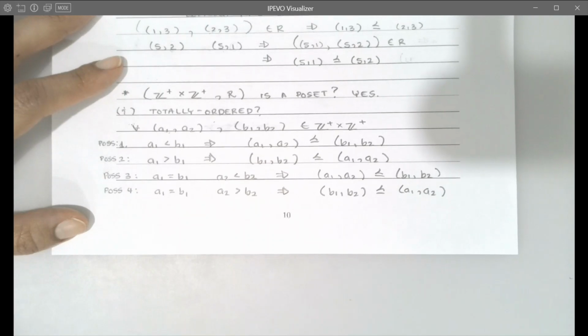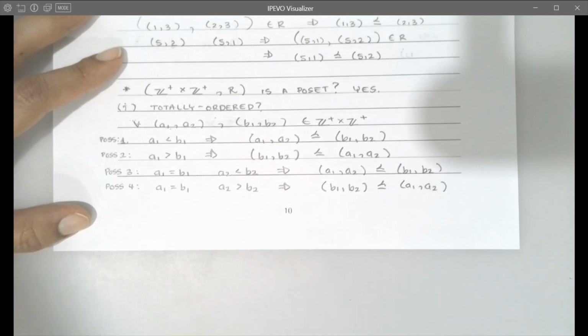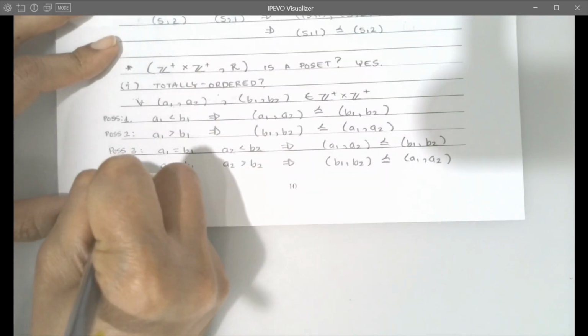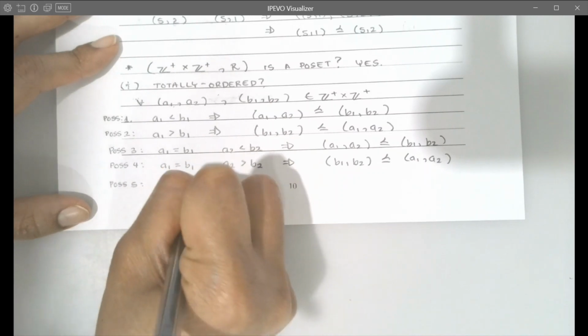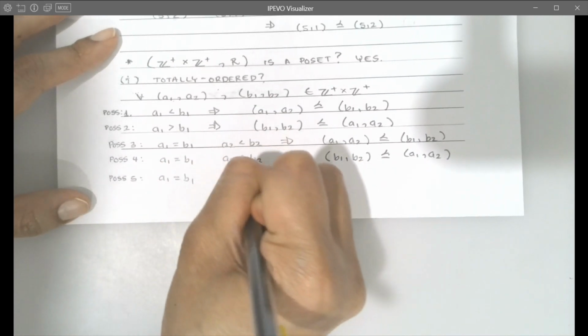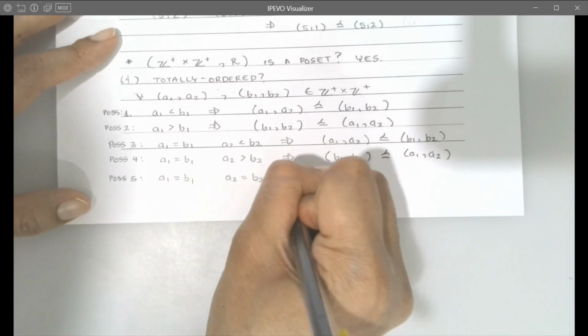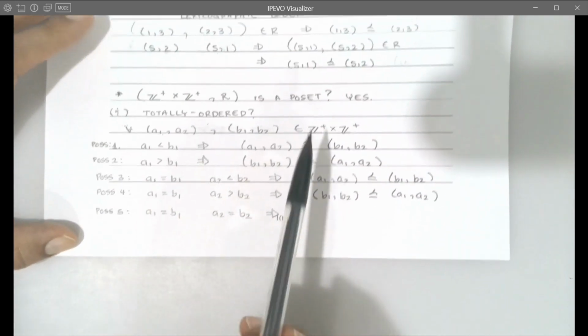Okay. And we have one more possibility. The last possibility is that A1 equals B1 and A2 equals B2. Well, in that case, what should happen?